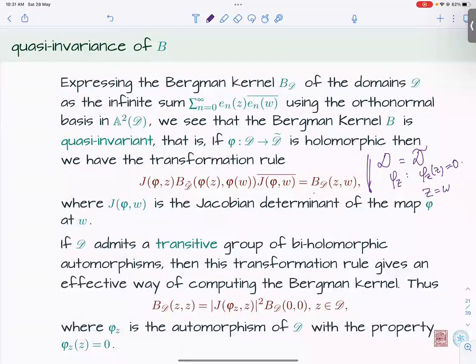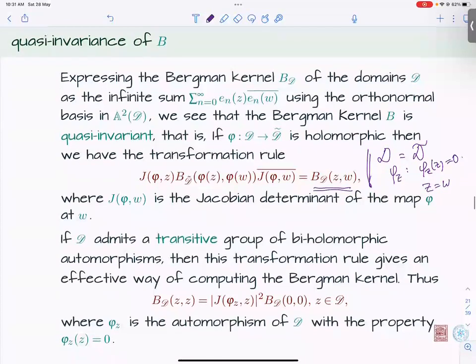So on the right hand side, you have just B_D of z comma z. On the left hand side, you have B_D, but now you have put phi equal to phi_z. So this becomes 0, this also becomes 0, and this becomes phi_z.